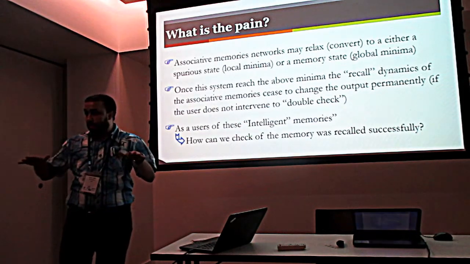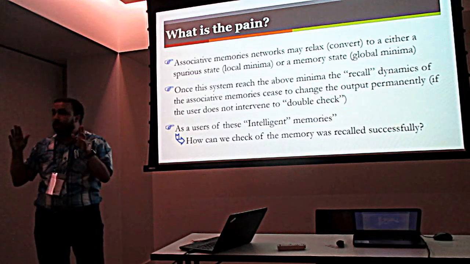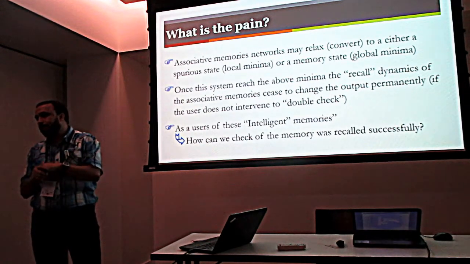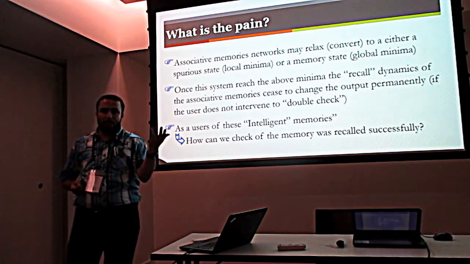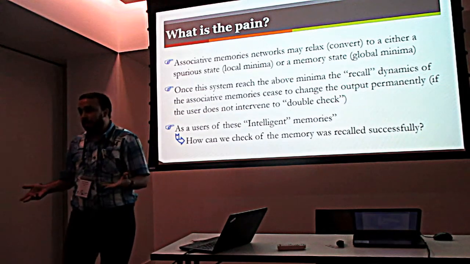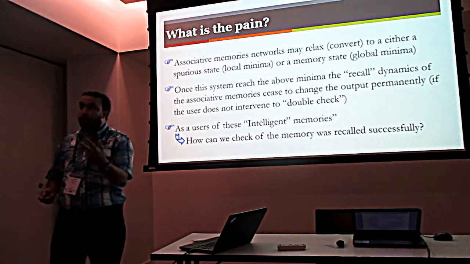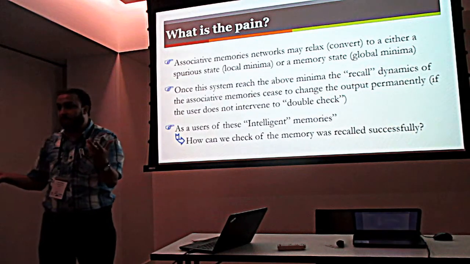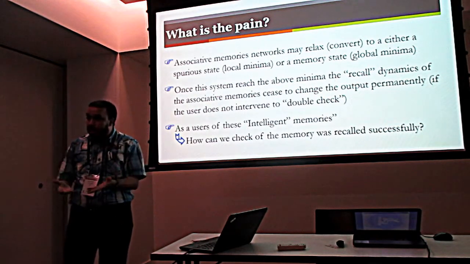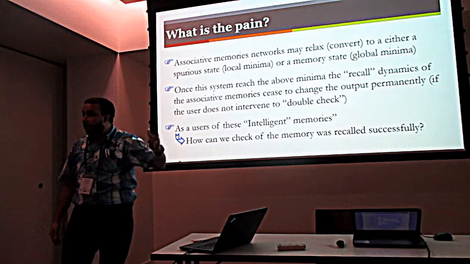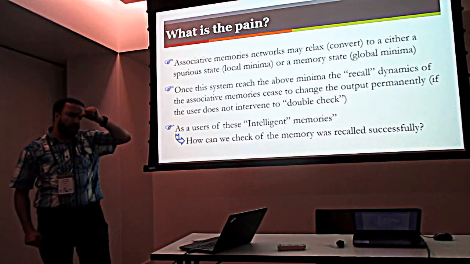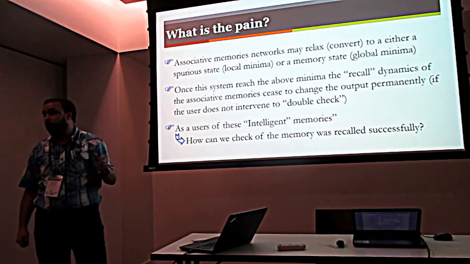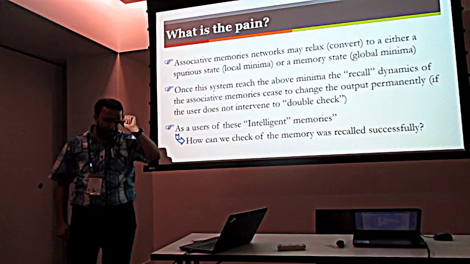And when it does that, it falls into two categories. It may fall into a local minima that could be a spurious state, meaning the energy of the system, because this is part of, if you heard about spin glass networks, also suggested by Hopfield long ago.